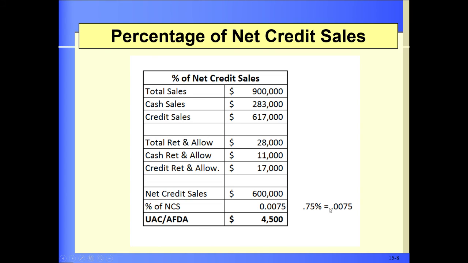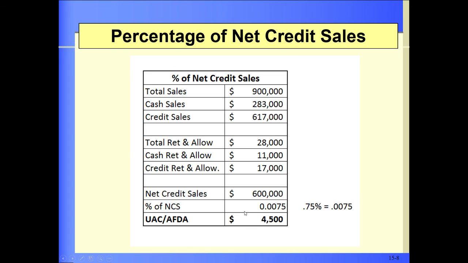And if you remember from your math classes, to convert a percentage to a decimal, you simply move the decimal point 2 spots to the left. So the amount that we're going to use to multiply times net credit sales is 0.0075, which gives us an estimated amount of $4,500.